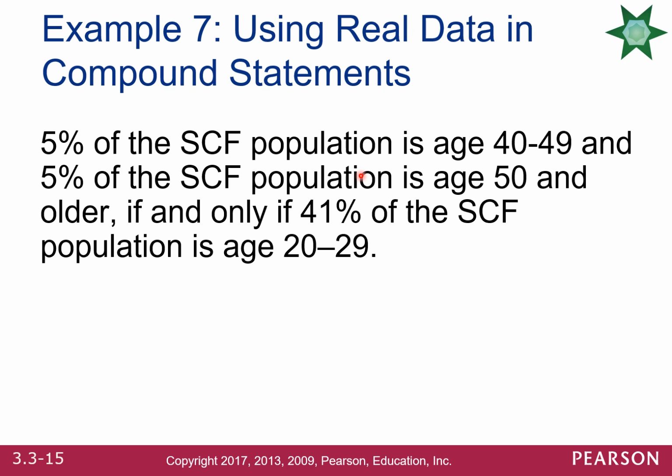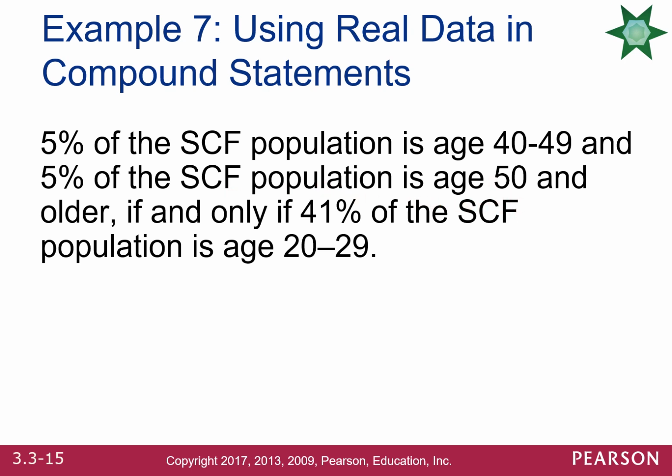Again, we are going to first split them into separate statements, naming them P, Q, and R. We are going to call the first one P: 5% of the SCF population is age 40 to 49. And then we are going to denote the other one with a Q: 5% of the SCF population is age 50 and older.